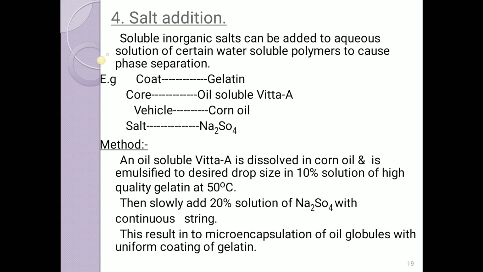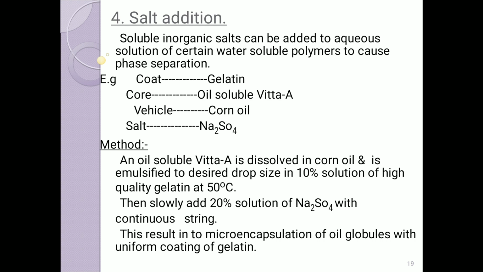The next method is salt addition. You already know the common salt process. A soluble inorganic salt can be added to an aqueous solution of a certain water-soluble polymer to cause phase separation.